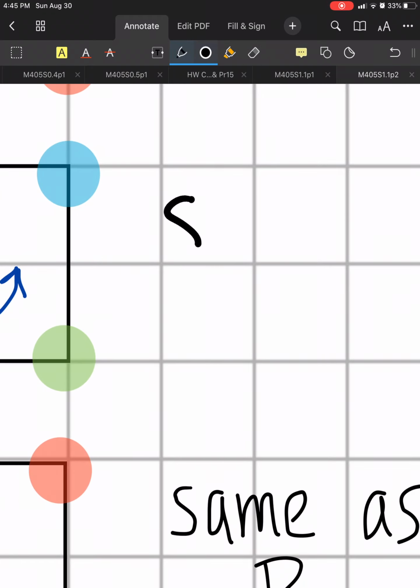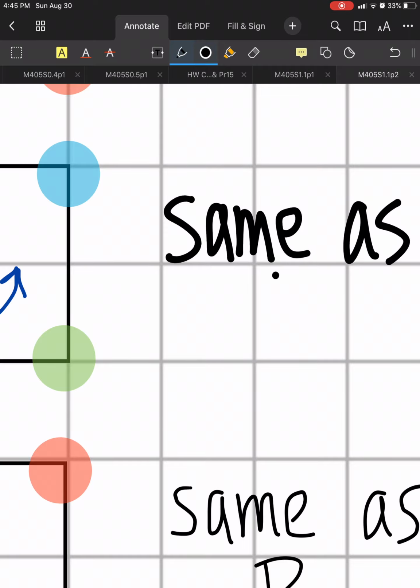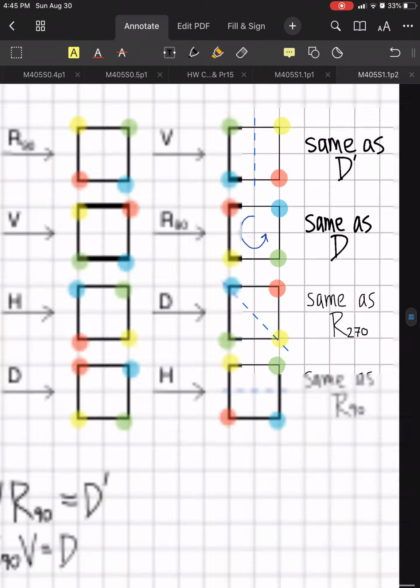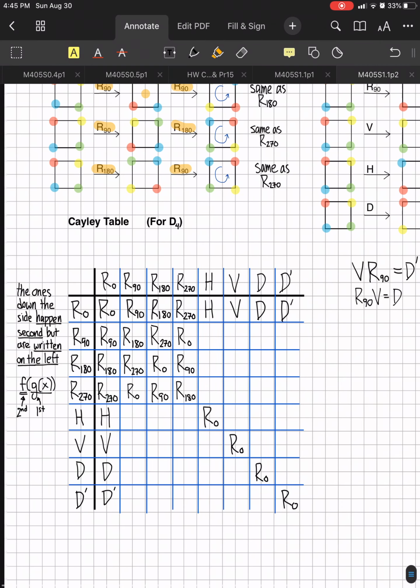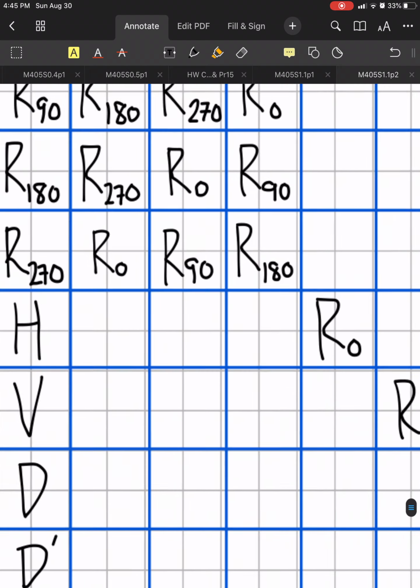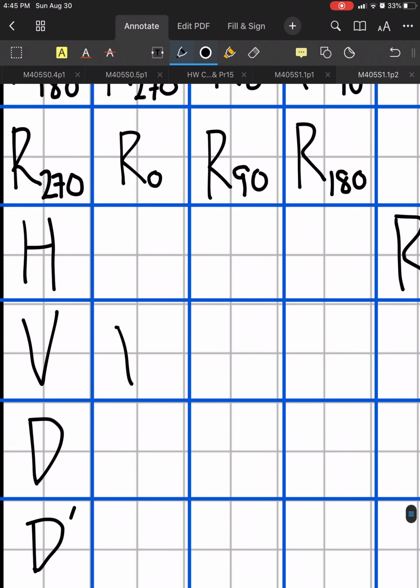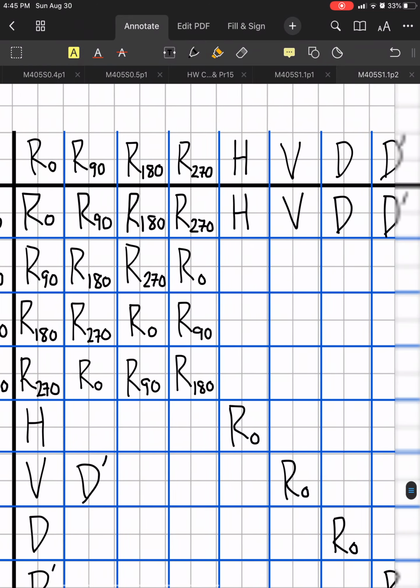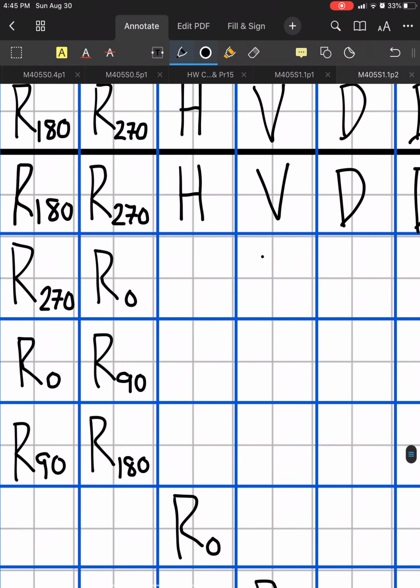So it can get a little bit tricky here. Okay. So V, when it happens second, after R90, that means it's down the left-hand side, and we should have a D prime here. On the other hand, if we do R90 second, we should have a D up here. Okay.